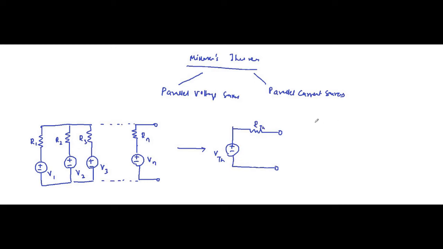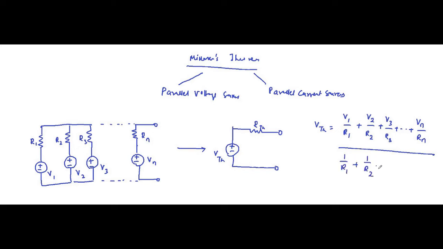The value of VTH will be V1 by R1 plus V2 by R2 plus V3 by R3 plus dot dot dot, for any number of voltage sources present, divided by 1 by R1 plus 1 by R2 plus 1 by R3 up to 1 by Rn.